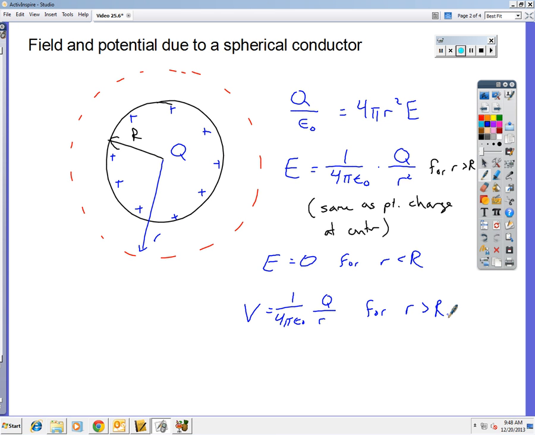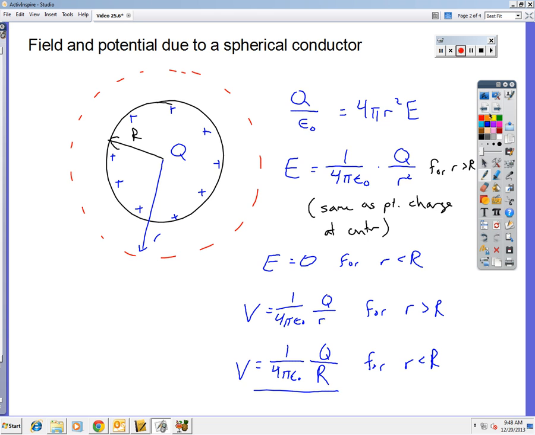But then, because the electric field is zero inside the conductor, the potential stops changing, and so the potential inside the conductor is the same as the potential at the edge of the conductor. And so it becomes 1 over 4 pi epsilon 0 times Q over big R for r less than big R. And that's an equation that you should know where it comes from and probably memorize it.